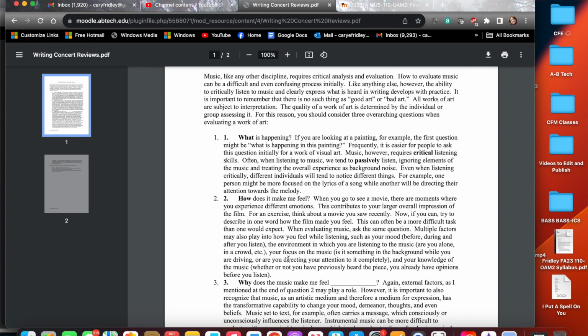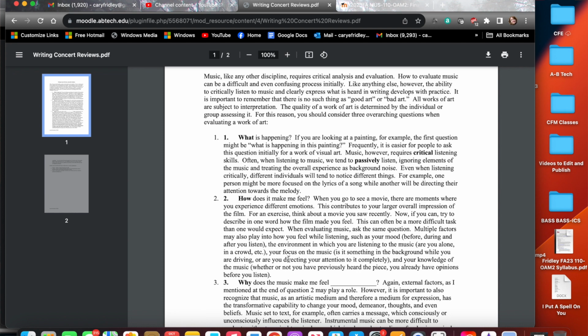It is important to remember that there is no such thing as good art or bad art. All works of art are subject to interpretation. The quality of a work of art is determined by the individual or group assessing it. For this reason, you should consider 3 overarching questions when evaluating a work of art.